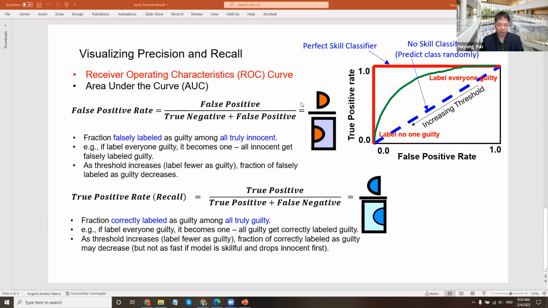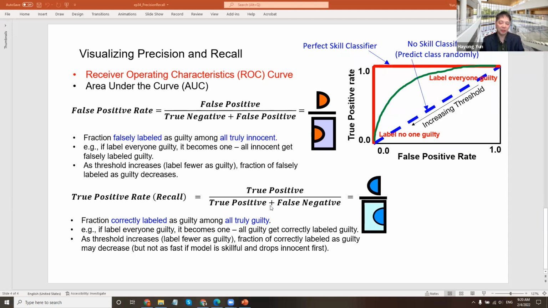So you want that number to be small. It is the fraction of falsely labeled as guilty among truly innocent. If we label everyone guilty, for example, this becomes 1, a terrible thing. All innocent get falsely labeled as guilty. As your threshold increases, meaning you accuse fewer people, you put a higher bar, then the fraction falsely labeled as guilty will decrease. So it will decrease like this.